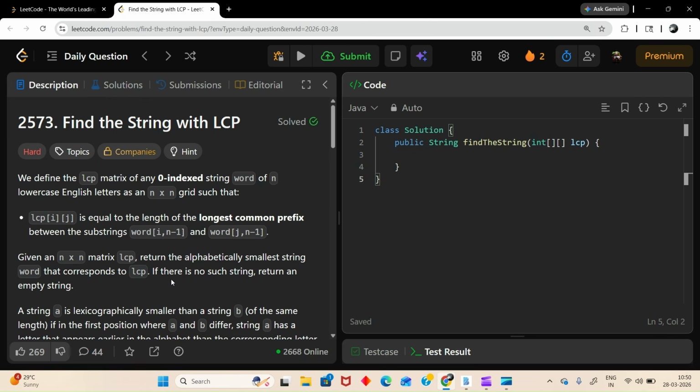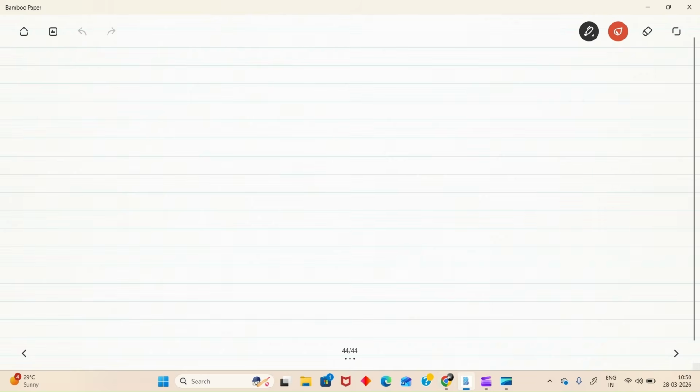So now let's understand the question first. What is given? We will be given an LCP. Now, what is LCP? LCP is the longest common prefix. What is a prefix?